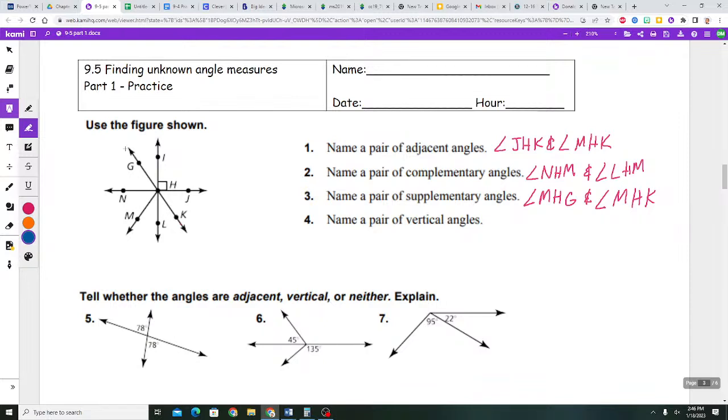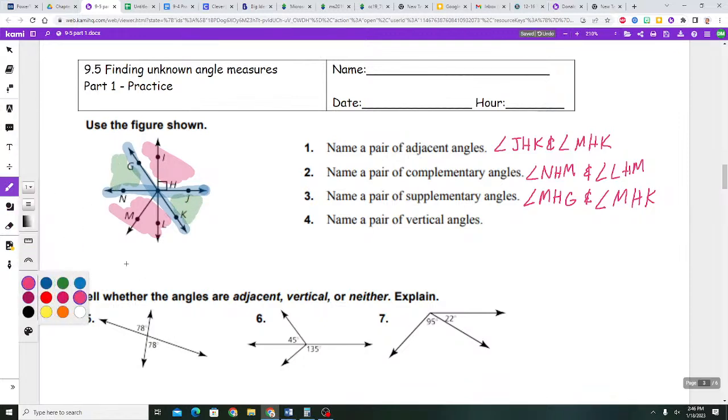If you just take one straight line and you take another straight line, you'll find a pair of vertical angles. Now, notice you could describe them there and there, or you could describe them here and here.